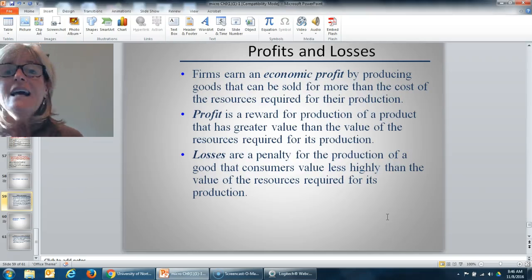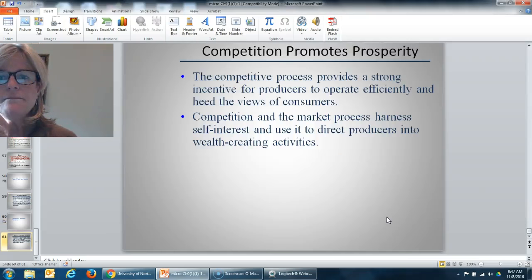So losses to an economist are a penalty for the production of a good that consumers value less highly than before you started. So if you're making losses, economists say it's good that you go out of business. Go do something that you're good at, basically. So profits and losses are basically rewards or penalties for how entrepreneurs utilize resources.